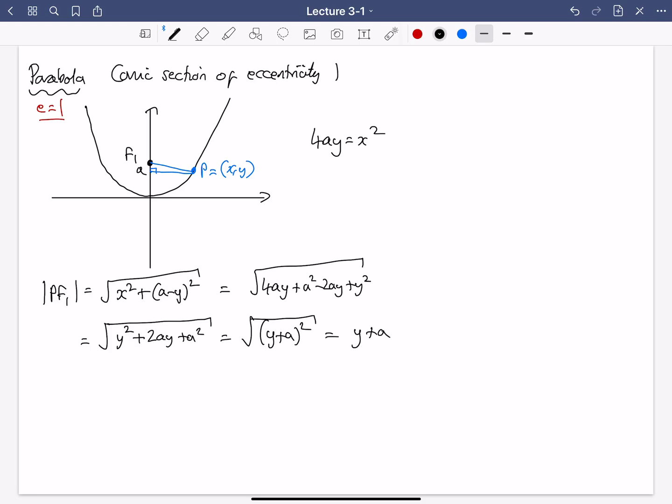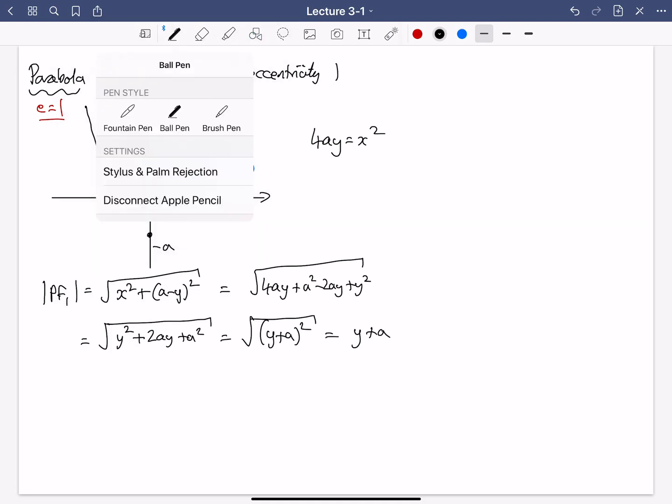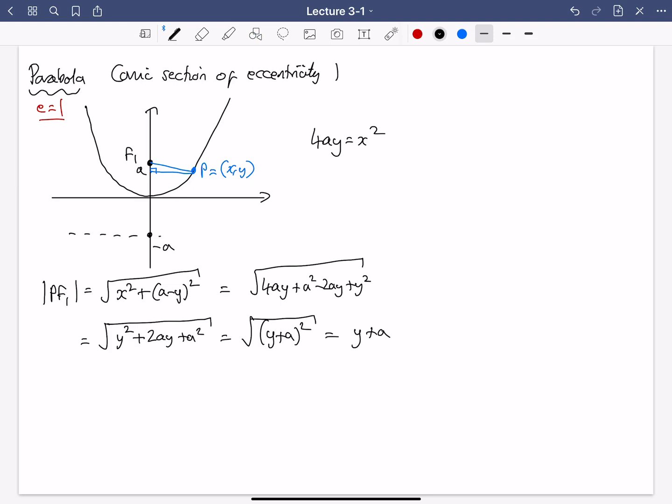So the conclusion of this little calculation is that if I draw another line down here at minus a, let me draw a little dashed line here. So that's the line y equals minus a. So this has a name. This is called the directrix of that parabola. And okay, my picture's never very good because I want to draw that length there.